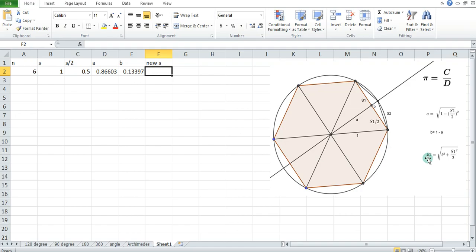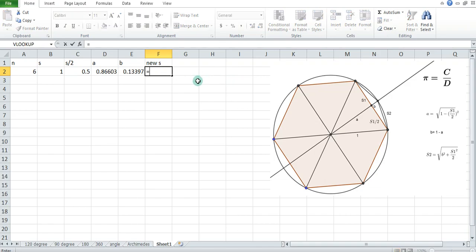To find new s, I have already explained that this is also a triangle to which we can apply the Pythagoras theorem, and this new s, the side of the new polygon, is the side opposite the 90-degree angle. So we can use the Pythagoras theorem and find the value for new s. So let's enter the formula.